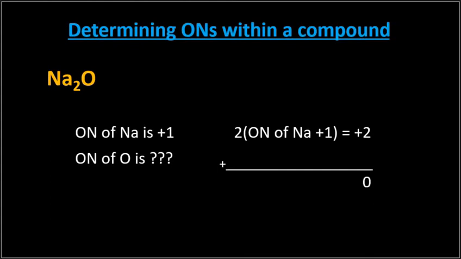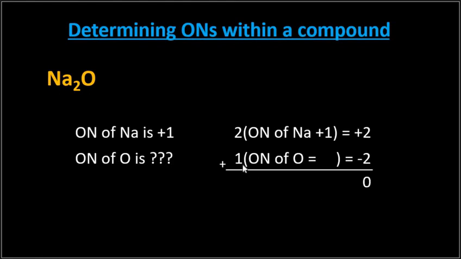Because of the zero-sum rule, we know that whatever oxygen is, when it is added to the sodium atoms, it must equal 0. Now I only have one oxygen atom. So in order for it to equal 0, we have a +2 for the sodium. Whatever oxygen is will need to be a -2.